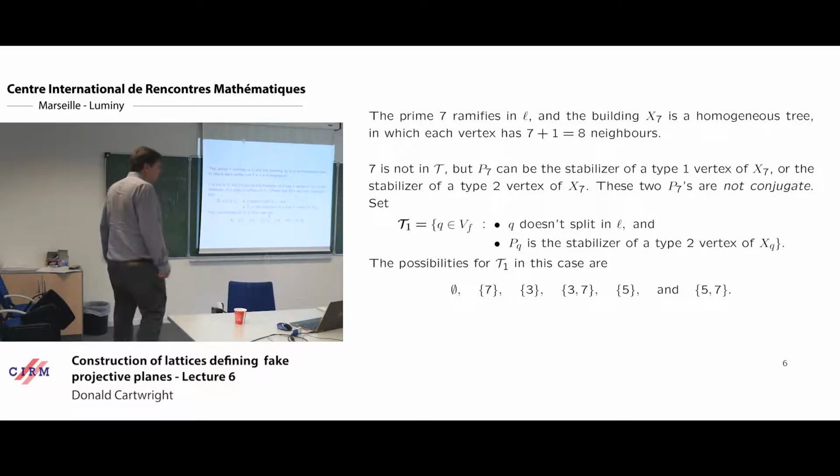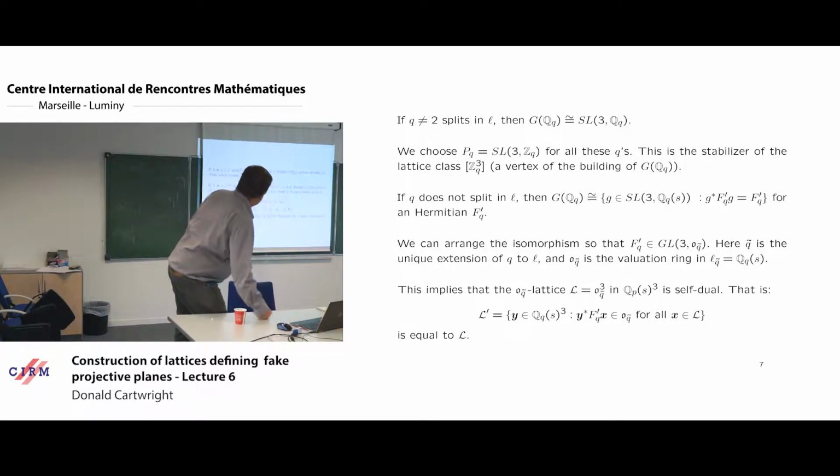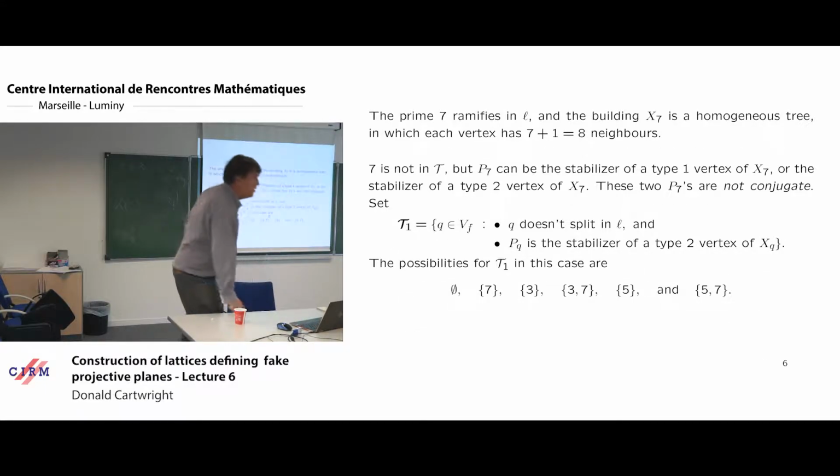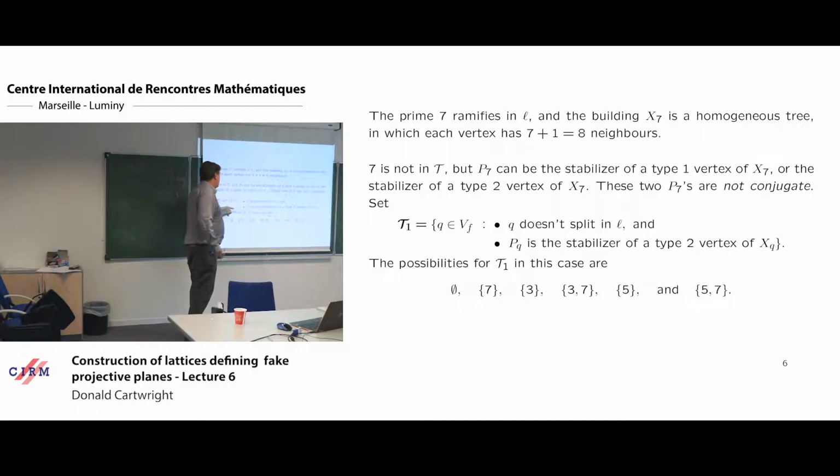Okay, so in a previous slide we had 2, which is in T, but 2 doesn't appear here. It's not relevant to this discussion. It's the ones for which P sub Q is a stabilizer of a type 2 vertex.